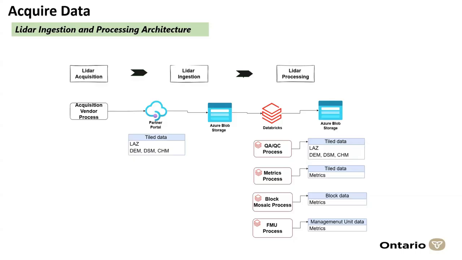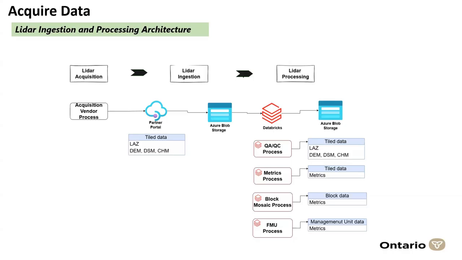We inventory that so that we then have a record of coverage areas, the coverage on a tile by tile basis. We're running our metrics process, so LiDAR derived metrics, over 270 odd metrics being derived.